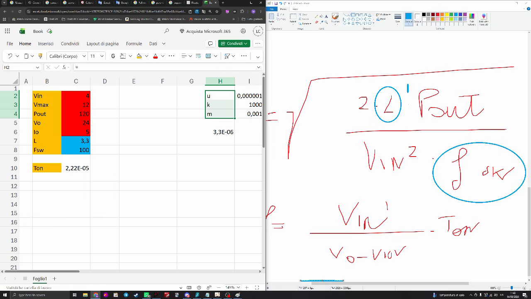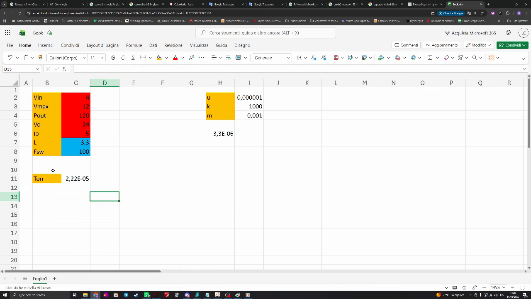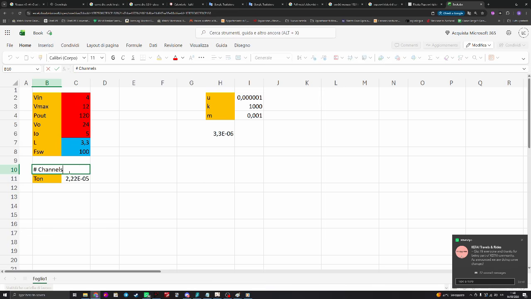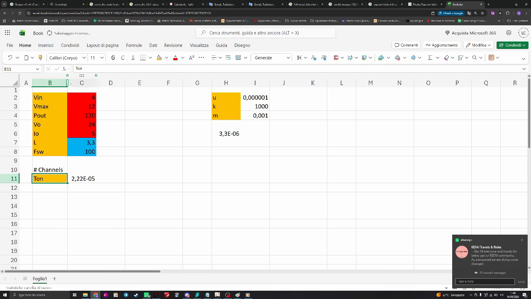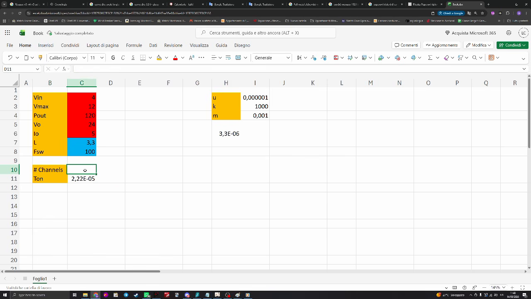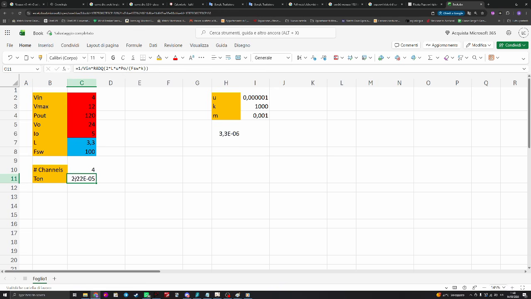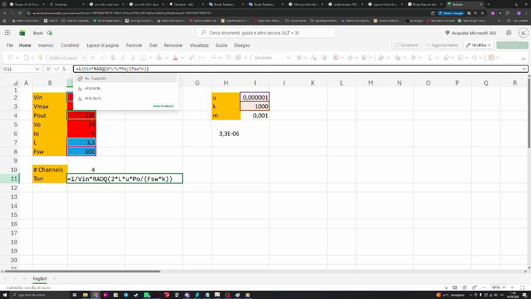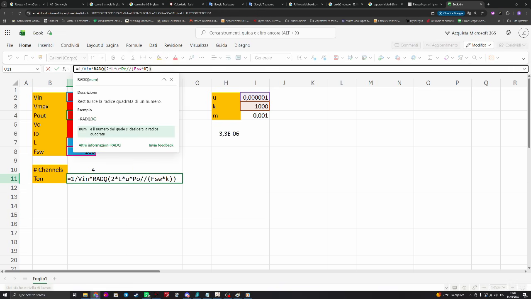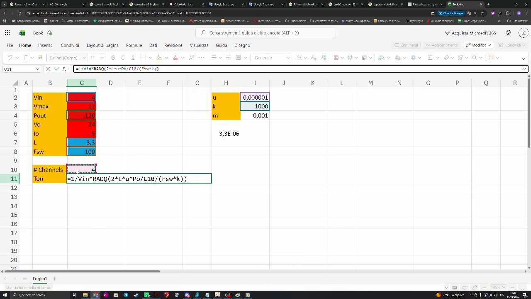Interesting. Then we can also suppose that we have a number of channels, which basically will reduce the power at each channel. So if that's the case, we suppose that we use, I don't know, we can try to use 4 channels, so we will have 4 boosts in parallel. We can see that this power then gets divided by 4, by the number of channels.